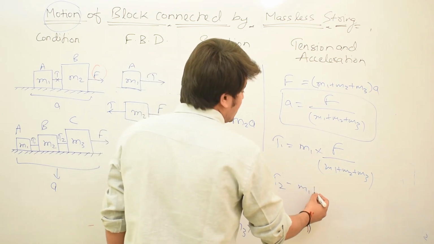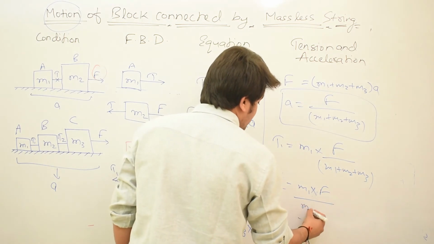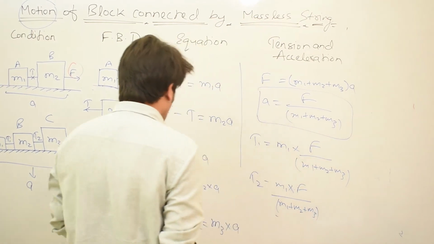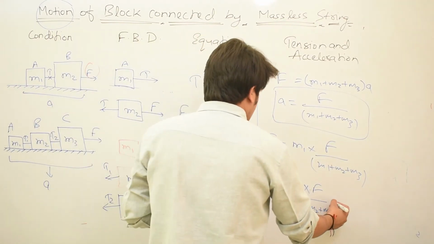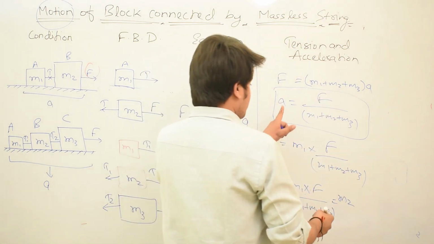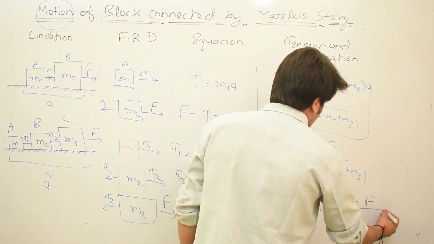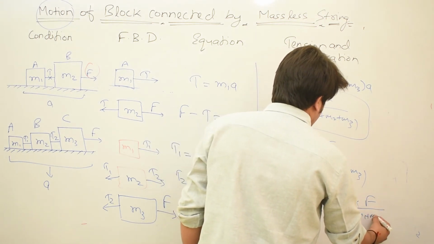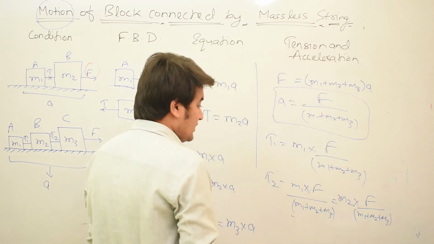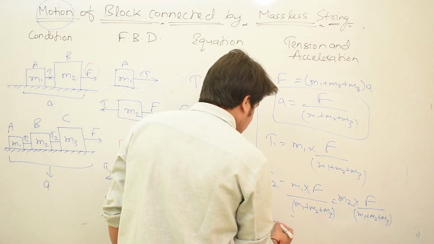So T2 minus m1 multiplied by F divided by m1 plus m2 plus m3 will be equal to m2 multiplied by the value of acceleration, and that acceleration is F divided by m1 plus m2 plus m3. Can you calculate this? Yes, we can simply calculate this value by simple algebraic operation.